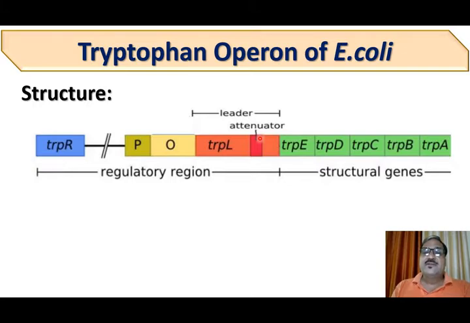The regulatory gene for the tryptophan operon is the trpR gene, located some distance from the operon at the upstream end. The product of the trpR gene is an aporepressor protein.